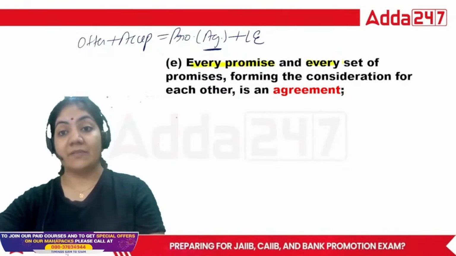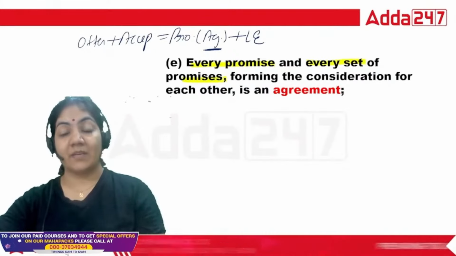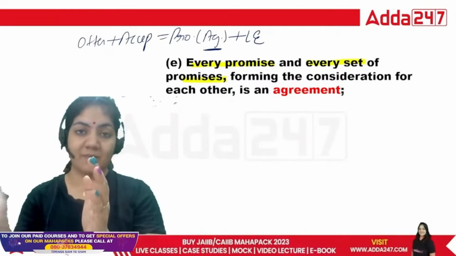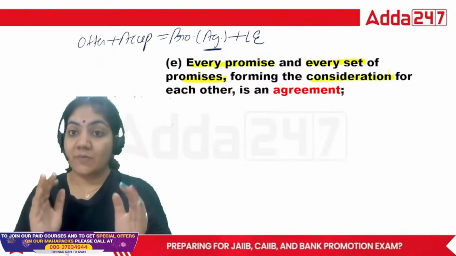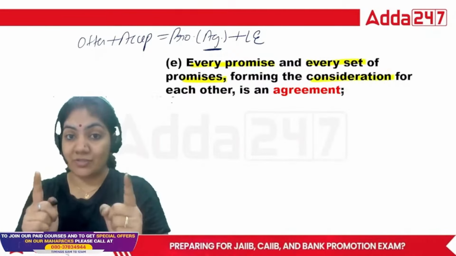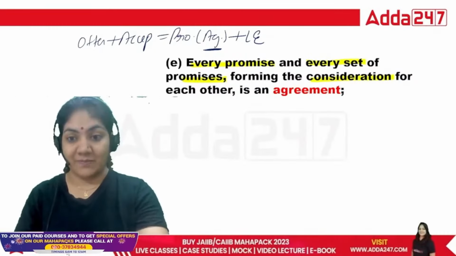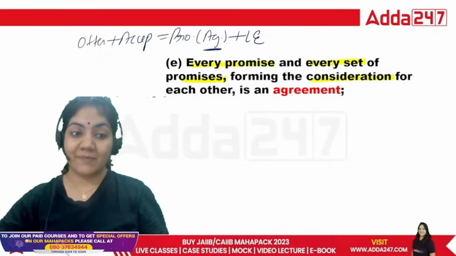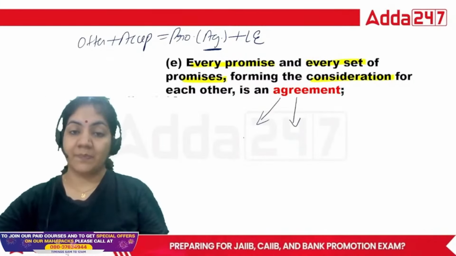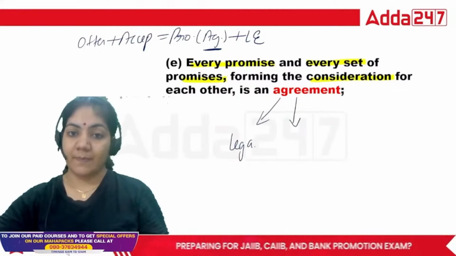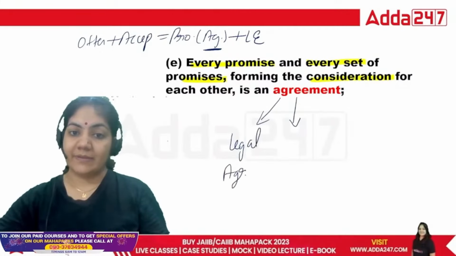Every promise and every set of promises forming the consideration for each other is an agreement. One person promises, the second person also promises, and in this promise you must have consideration. In Indian contract law, as you know, there are various types of agreement. The first is the legal agreement.